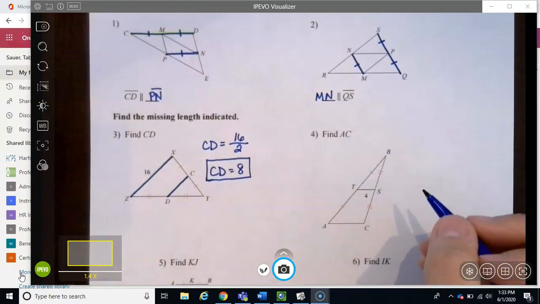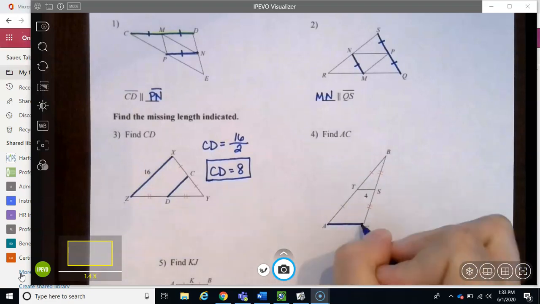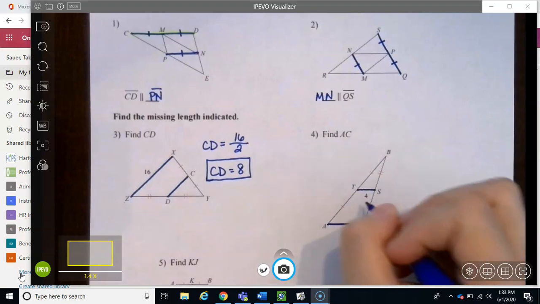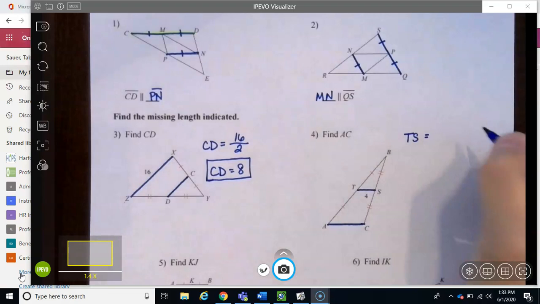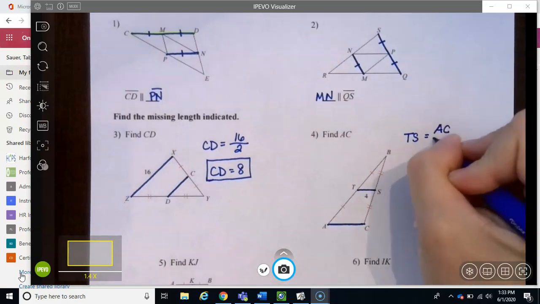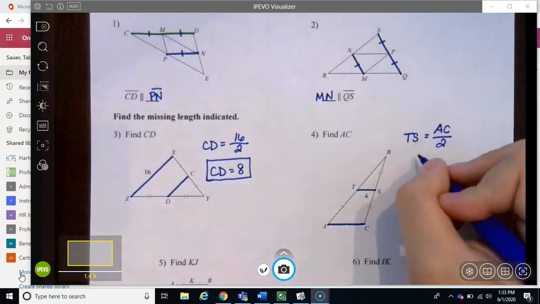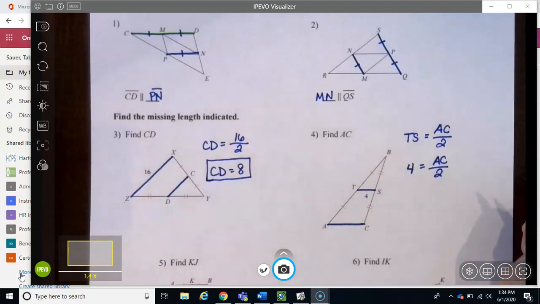They ask us to find the base, this time, AC, and we know its mid-segment that's parallel to it is TS. And if TS is 4, think of it as TS is equal to the base, AC, divided by 2. Plug in what you know. TS is 4, and solve for side AC.